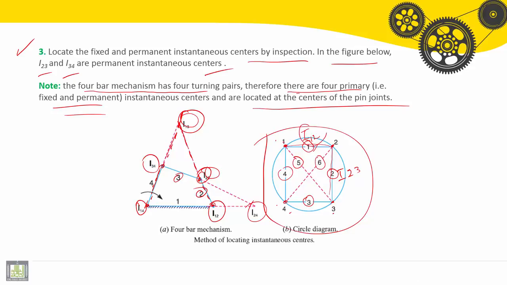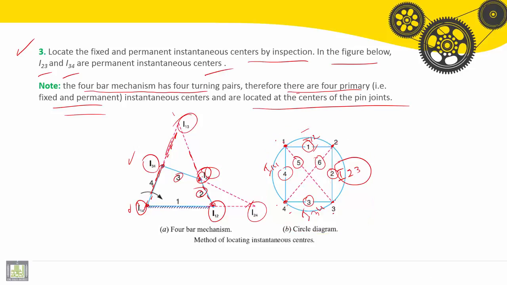Then draw the line through I14 and I34. The intersection here is I13.